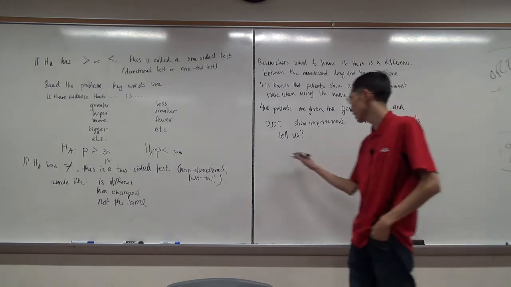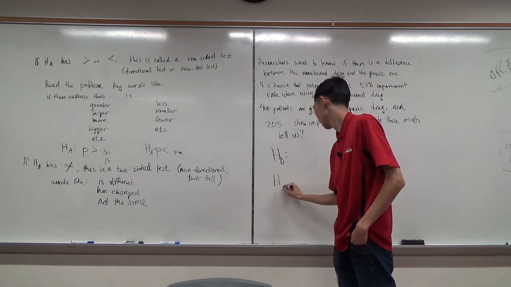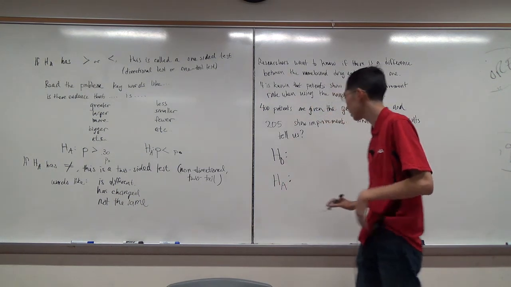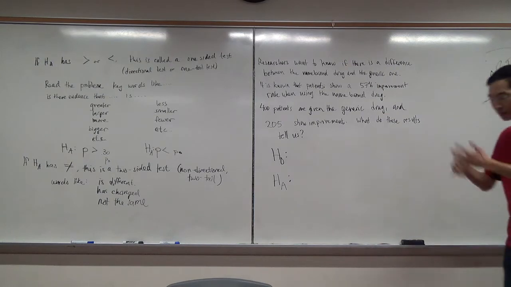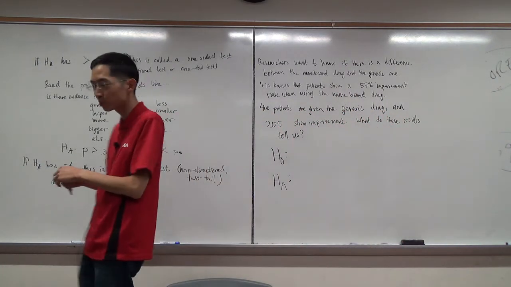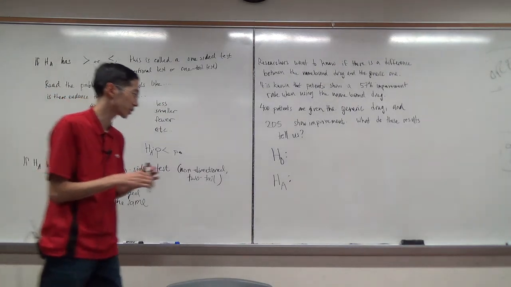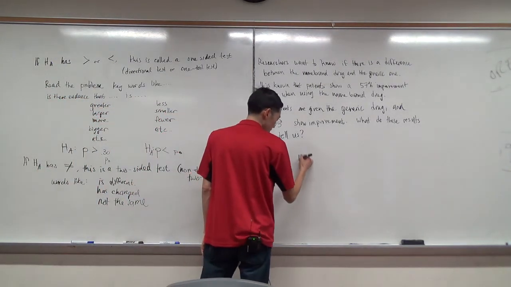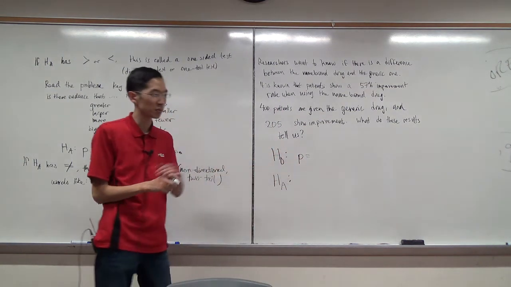So we have a null hypothesis and an alternative hypothesis. Just because we're in this chapter, you know that we're dealing with one proportion, one categorical variable. P is the proportion in the population, but what does this P represent?